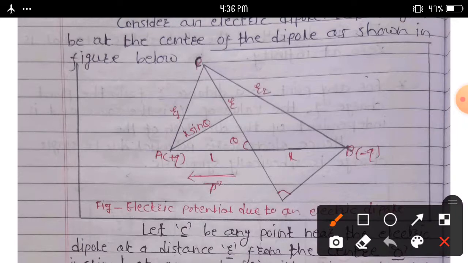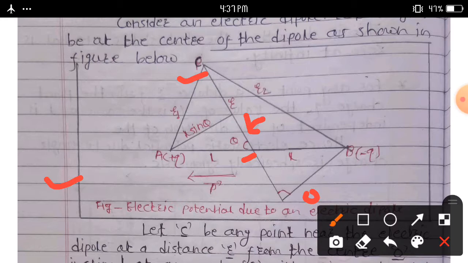This is the electric potential due to an electric dipole. Let capital C be any point near the electric dipole, at a distance small r from the center O, inclined at an angle theta with the axis of the dipole.